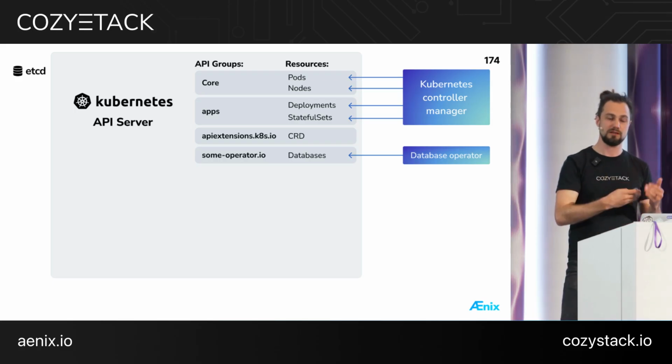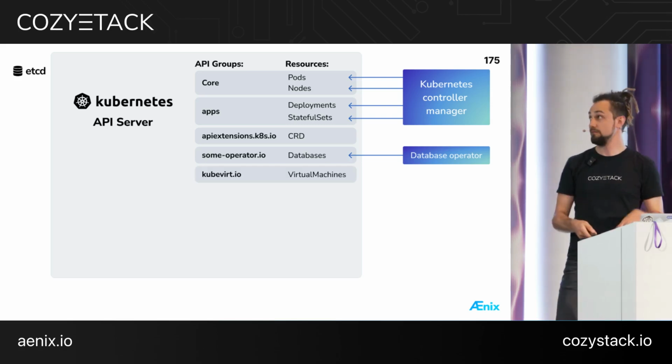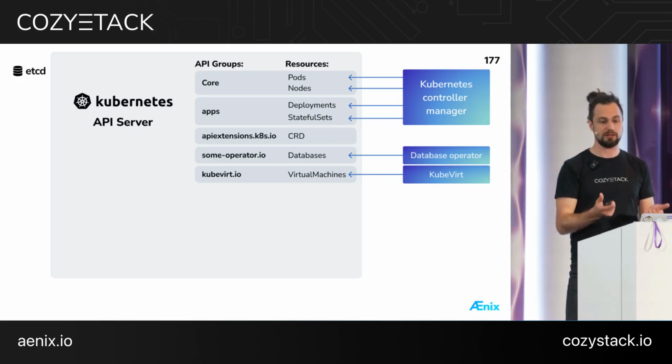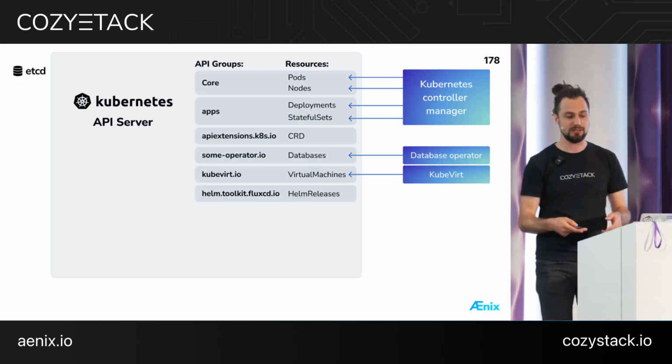It will move the real world state to the desired state you specified in your resource. The same way KubeVirt works. It has registered another kind of resource in Kubernetes, and it has an operator or controller which controls these resources.